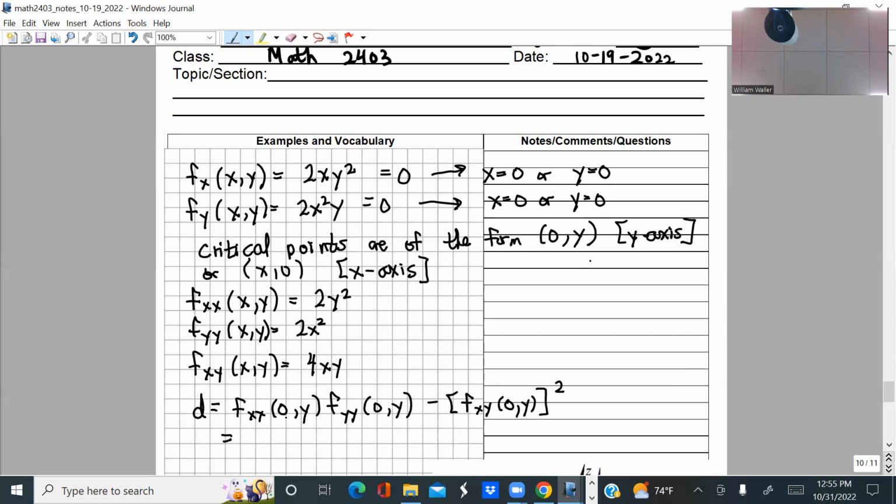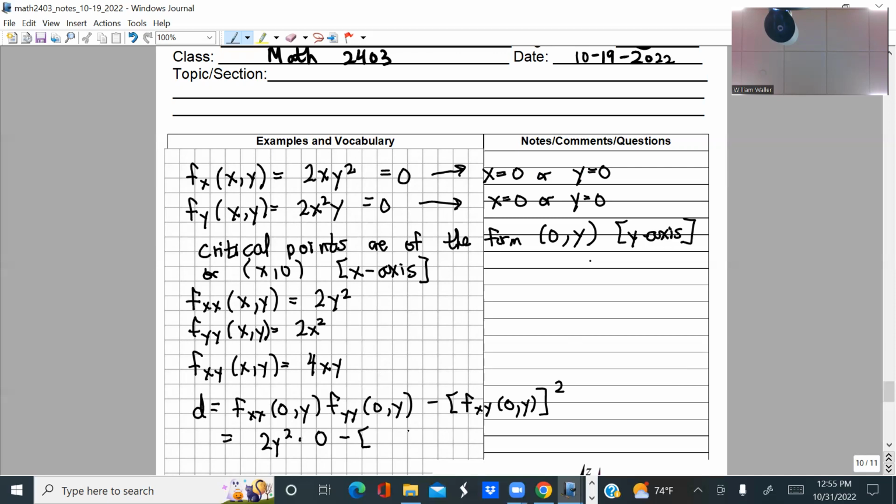But let's see what happens here. When you plug y into this second partial with respect to x, you just get 2y squared, times, but what does this one turn out to be? 0, because you're going to plug 0 in for x in this formula, so you get 0.